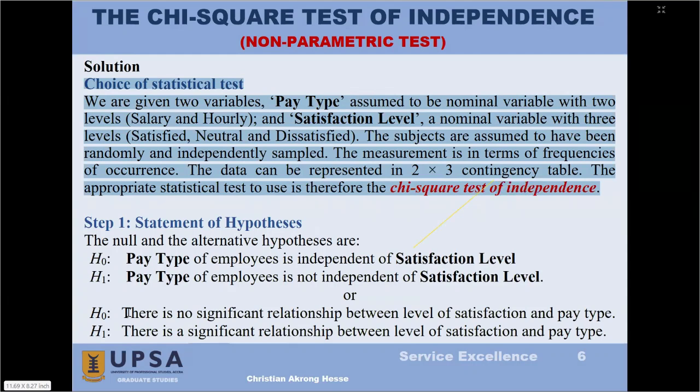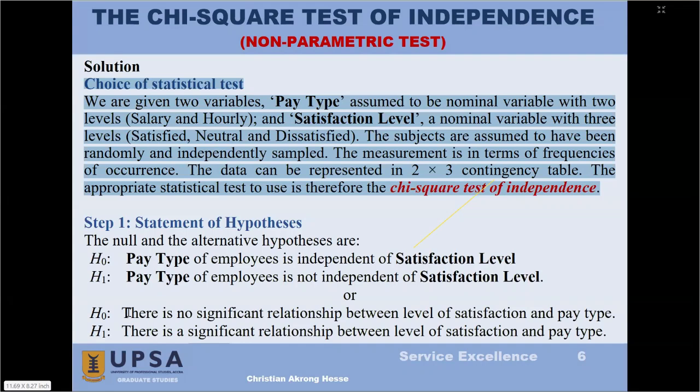There is no association, it means the correlation is 0.